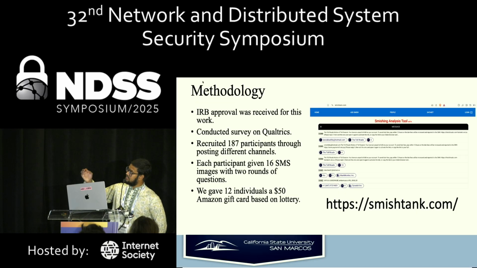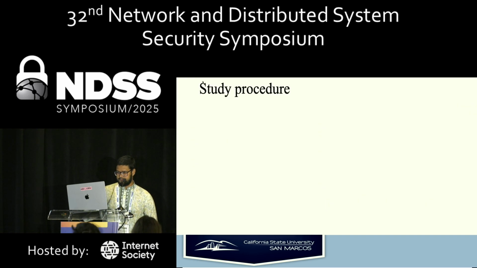We collected the SMS from our tool, smishtank.com. It is publicly available, so if you have any SMS, please feel free to submit, and the dataset is also available there. We gave 12 individuals a $50 Amazon gift card based on a lottery.